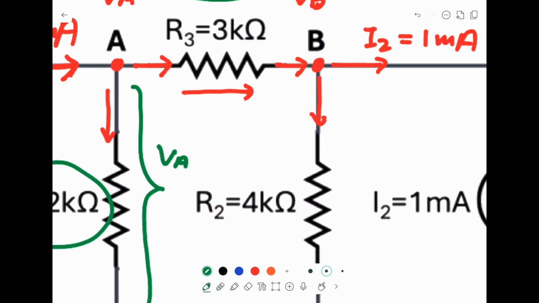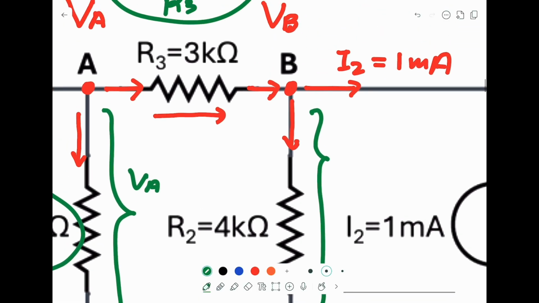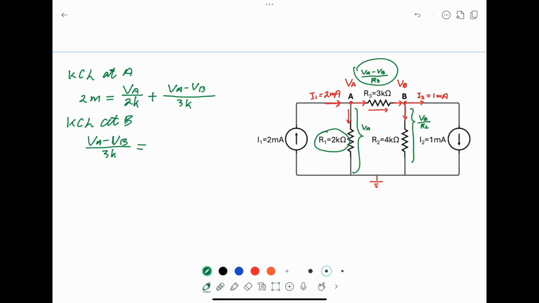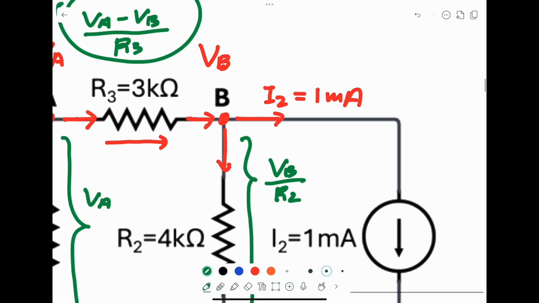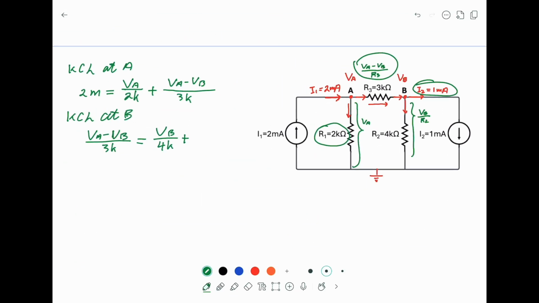The first current flowing out is VB divided by R2, which is 4K, plus another current. This is the one given, another current source, which is 1 milliamp.